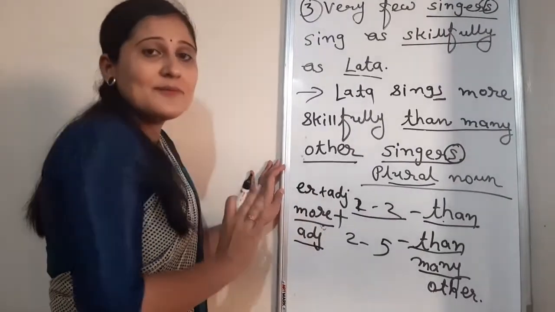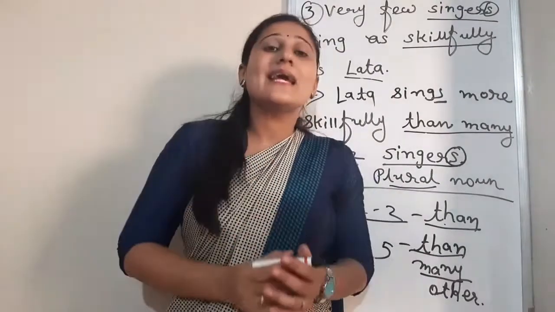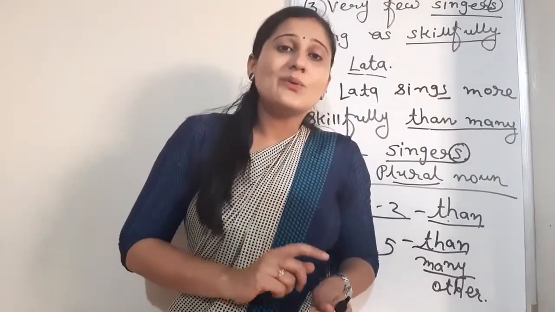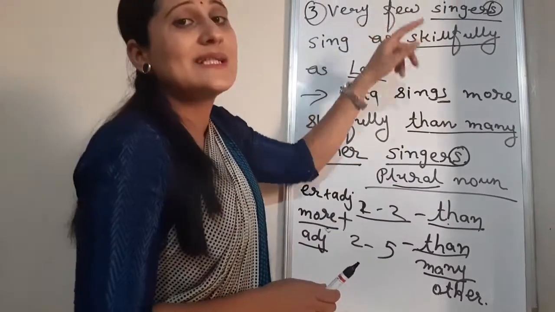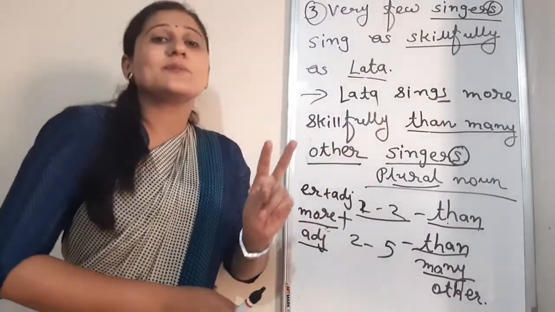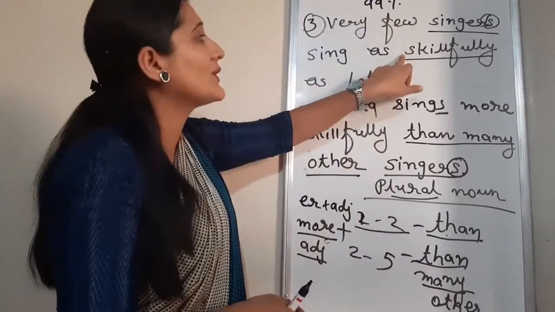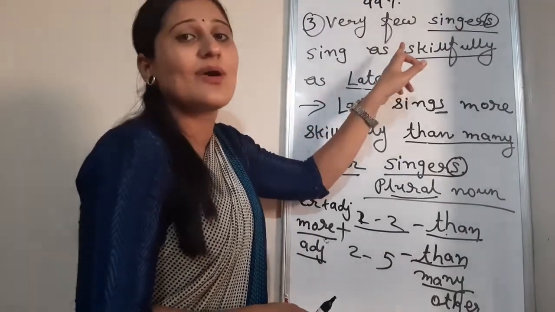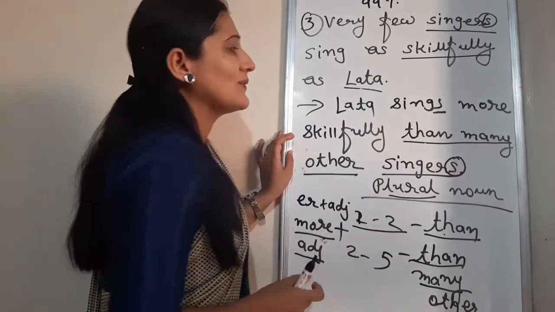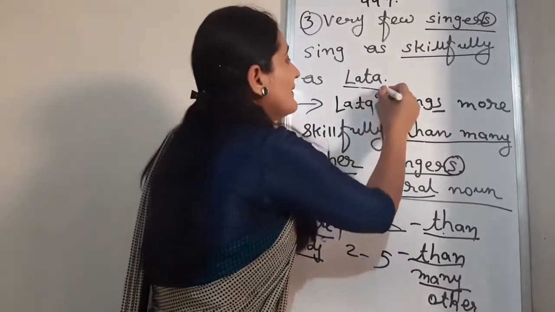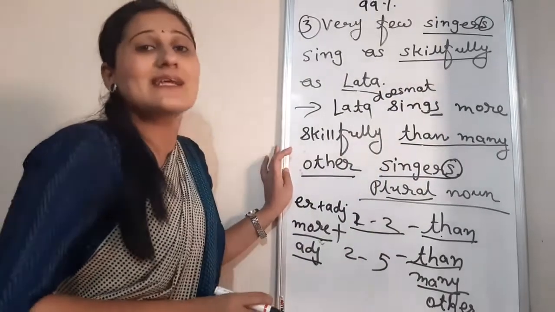So what to remember? First thing, when you convert from PD to CD, it means from positive degree to comparative, exchange the subject, check whether it is positive or negative. If comparison between more than two, 99% not to check whether this is positive or negative. You can see this is also positive, this is also positive. Because if I write here does not, it means Lata Mangeshkar is not singing well.